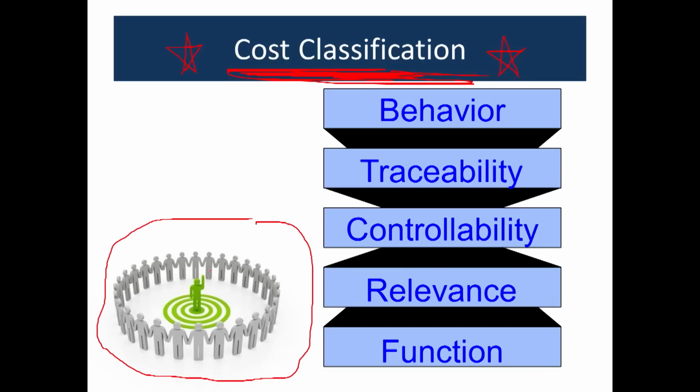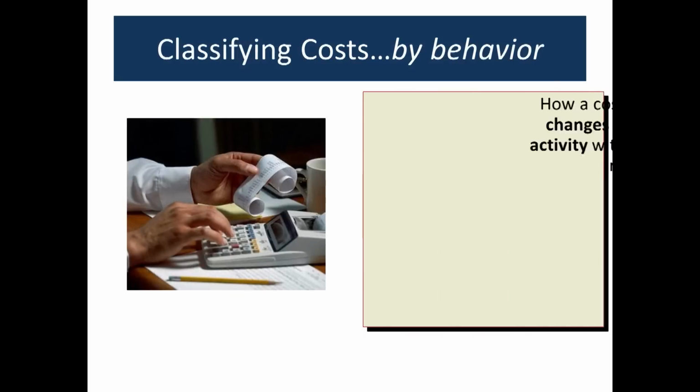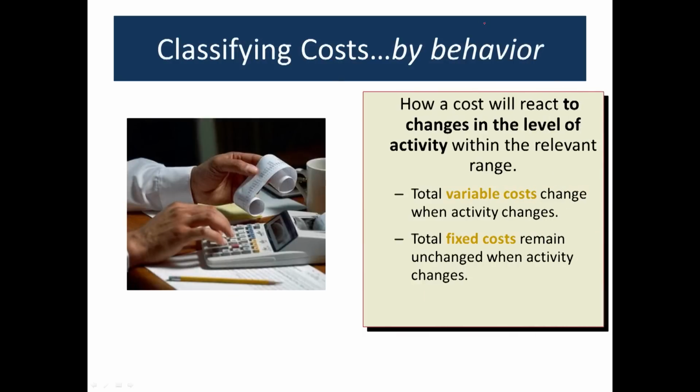We can look at a cost and classify it in a lot of different ways. One way that's extremely important is by behavior. Specifically, how that cost reacts to changes in activity levels within what we call the relevant range.